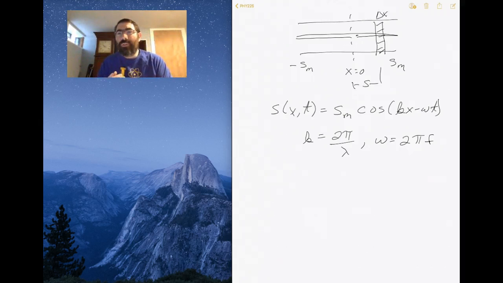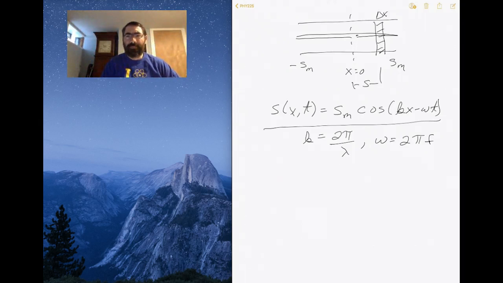Okay, so now what we want to do is relate this to a pressure, because what's causing the wave motion in sound waves is a pressure P. So can we rewrite this amplitude equation right here in terms of pressures instead?